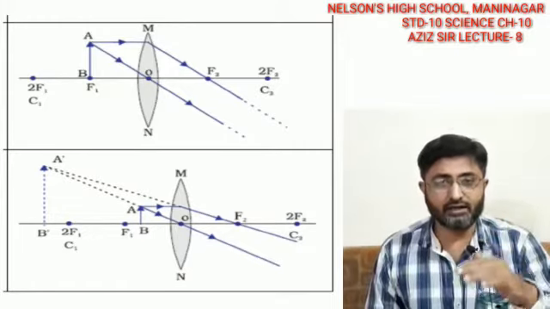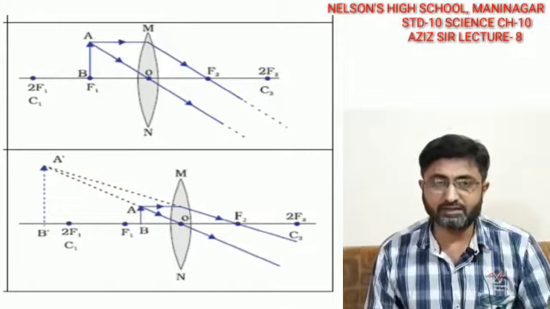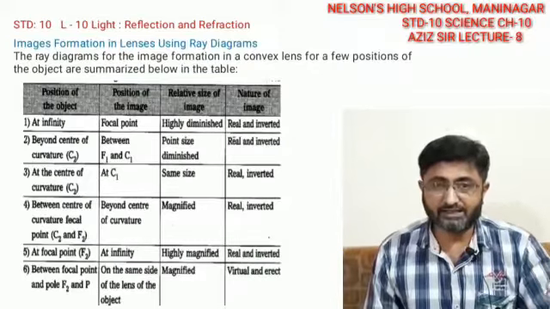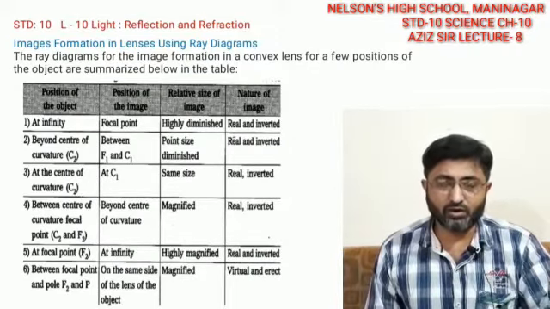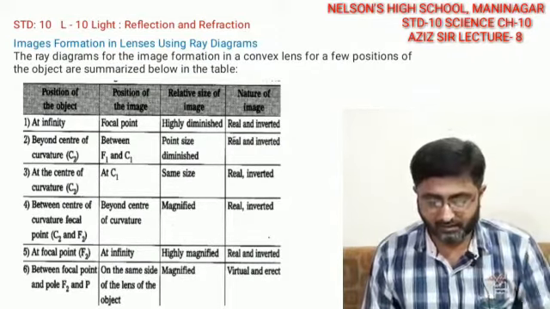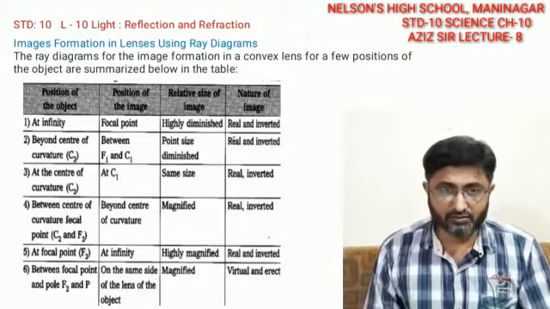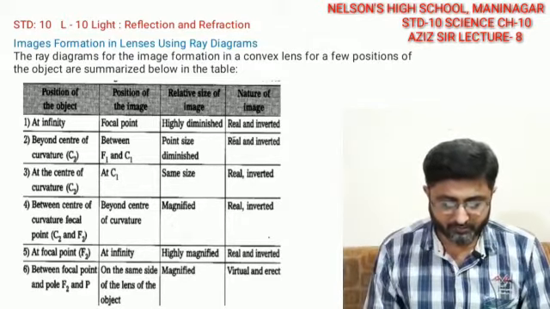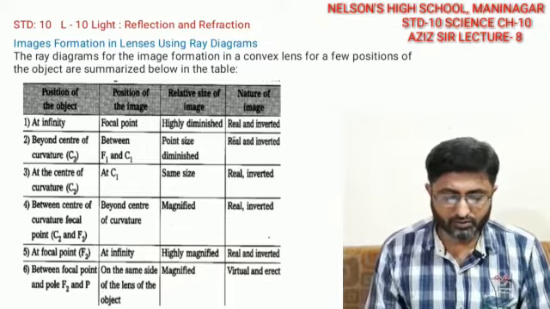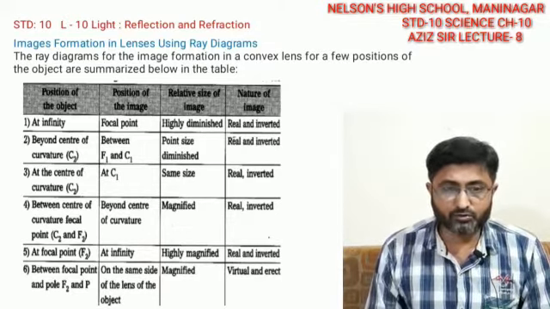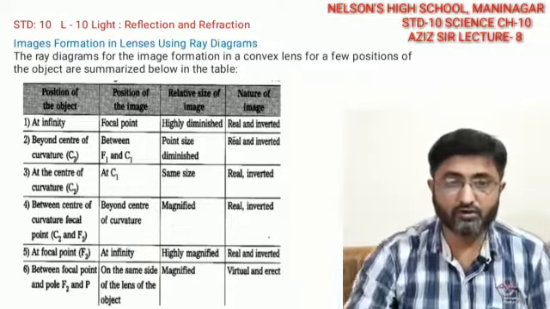So virtual and erect. In all the cases of a convex lens, this is the only case where the image obtained is virtual and erect, on the same side as the object. I hope you understood how images are formed in the case of a convex lens.